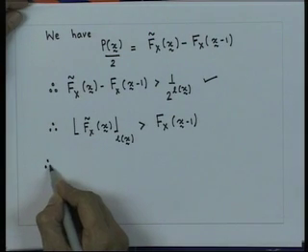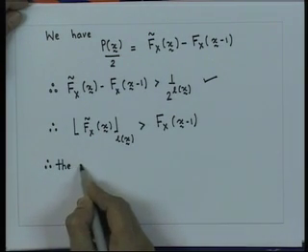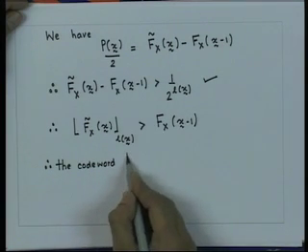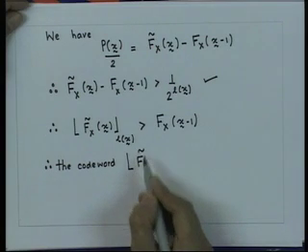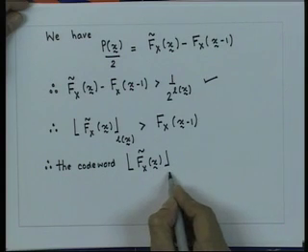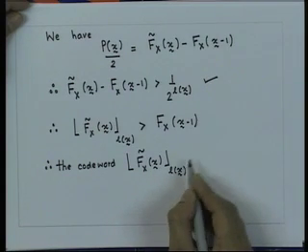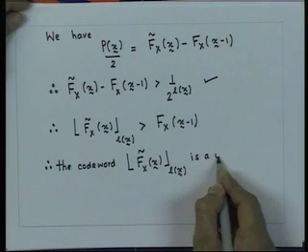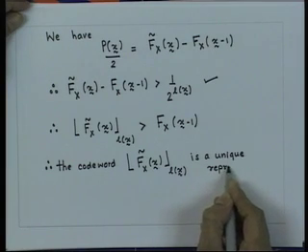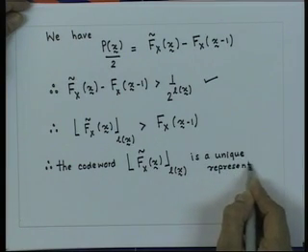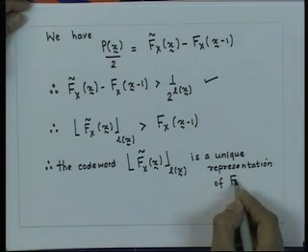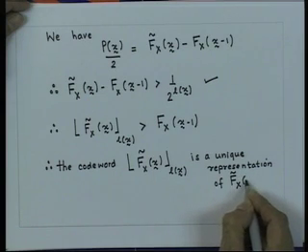Therefore, it implies that the code word obtained by truncating the binary representation of F tilde is a unique representation of F tilde(x).